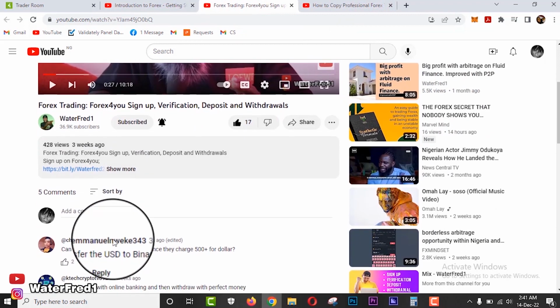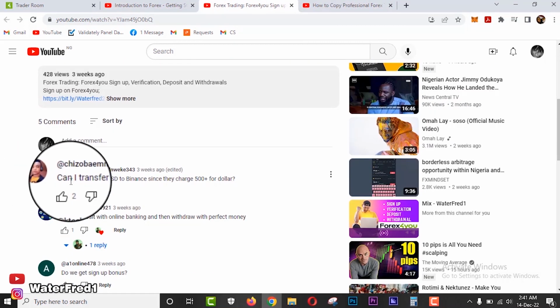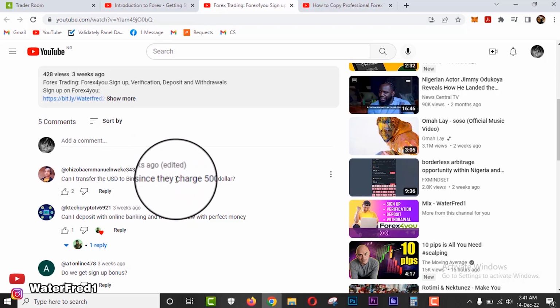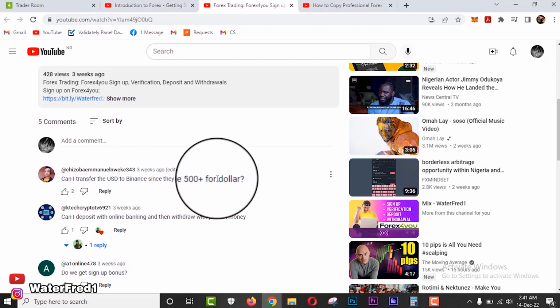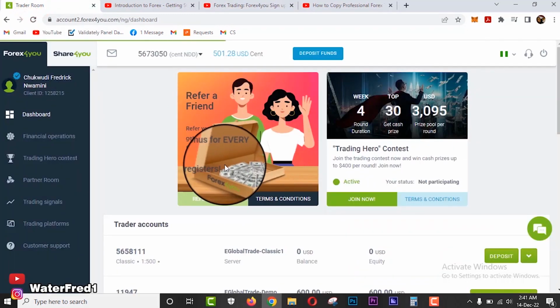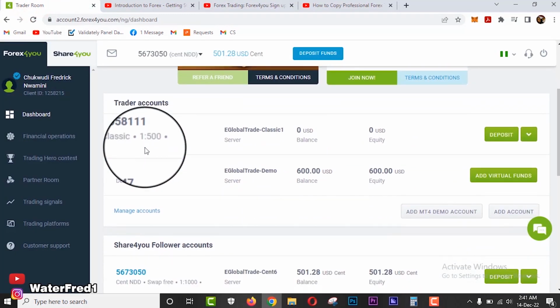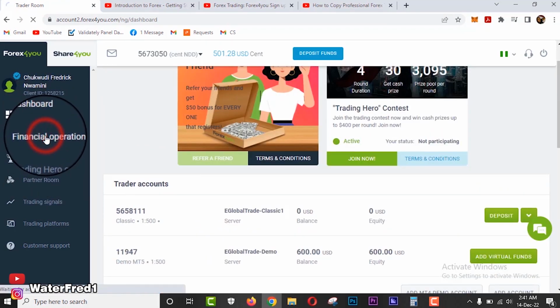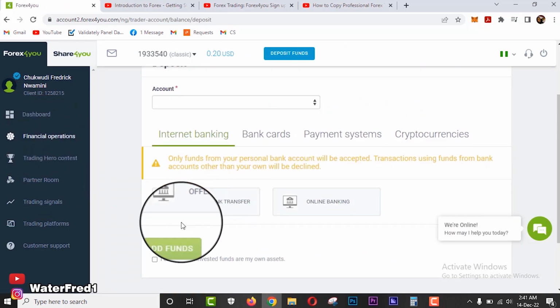And if you come down here, you can see, can I transfer the US dollar to Binance since they charge 500 plus for dollar? So I think basically what this person is talking about is when you fund your accounts, when you deposit. If you come to the deposit options, you click on financial operations and you come to deposit.